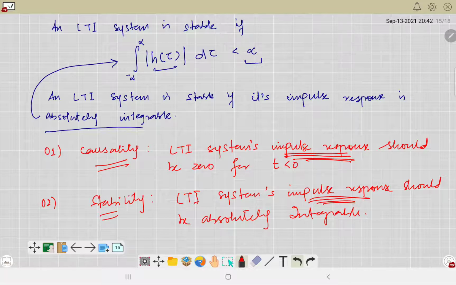Even if the impulse response is not given, you will just apply an impulse signal to the system, get the impulse response, and if it satisfies this property that it is 0 for negative time, you can comment on the causality of the system. So this shows the significance of impulse response. This discussion, this analysis was for continuous time LTI systems. Next, we'll be discussing the same thing for discrete time LTI systems.